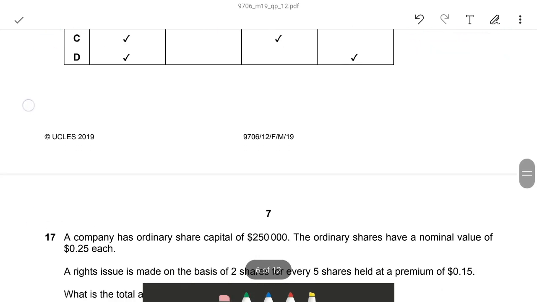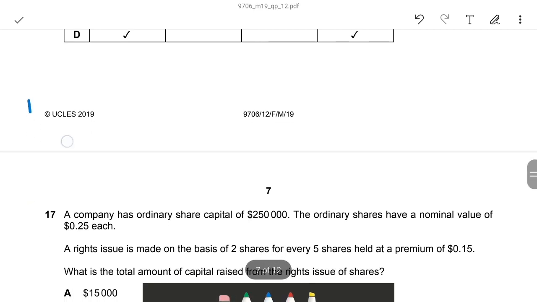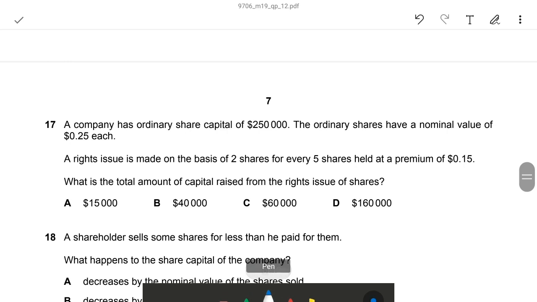Next, question number 70. A company has ordinary share capital of 250,000. The ordinary shares have a nominal value of $0.25. A rights issue is made on the basis of 2 shares for every 5 shares held at a premium of 0.15.